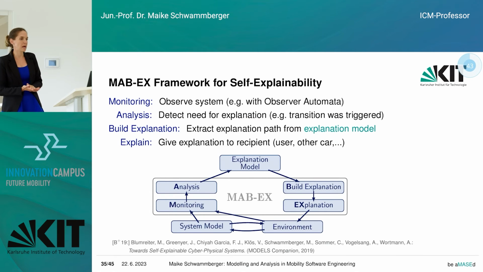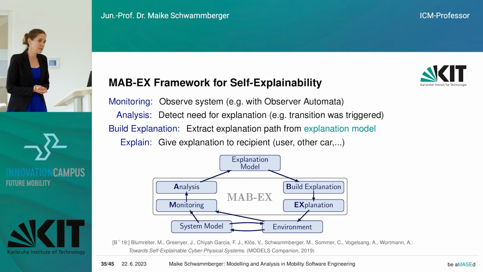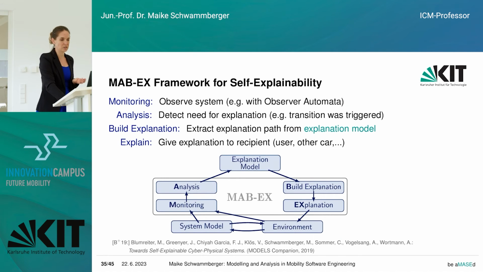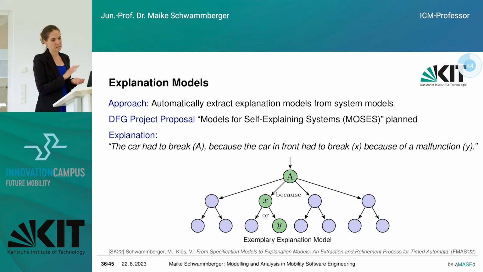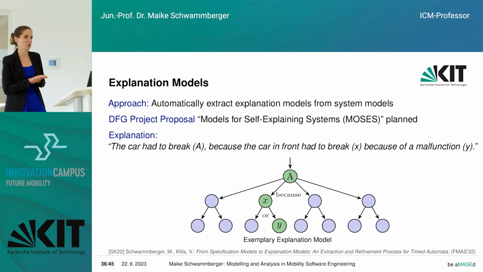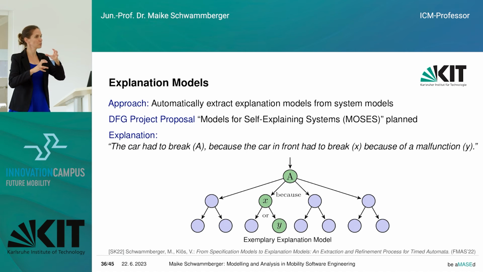Now here I developed a framework with some colleagues. The idea is the system is observed, and if something strange happens, it is triggered that an explanation should be given. And the idea of where this explanation actually comes from is that if we already have system models, so I already specified a crossing controller, I specified something to formalize traffic rules, if I already have all these models, I should be able to get the explanation from these models.